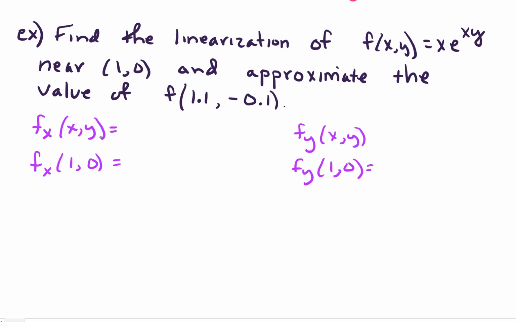Okay, so the partial derivative with respect to x. Remember that x is our variable here, and so we'll need to use the product rule for the derivative. So the derivative of the first term, which is x, is just 1 times the second term, plus the derivative of the second term, which is e to the xy times y, times our first term.